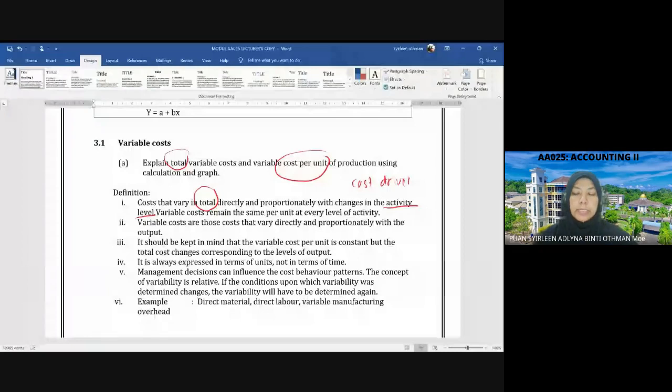Tapi kalau saya keluarkan 200 unit, kos berubah, dia tak akan remain as 100. Dia akan berubah sebab kuantiti yang dikeluarkan tadi pun berubah. So that's the meaning for variable lah dalam bentuk total. Tapi variable cost ni sebenarnya kalau kita kira dia dalam per unit, dia kekal sama.